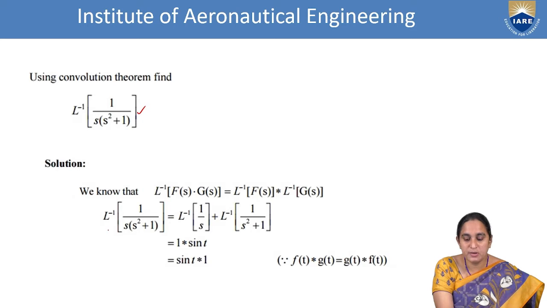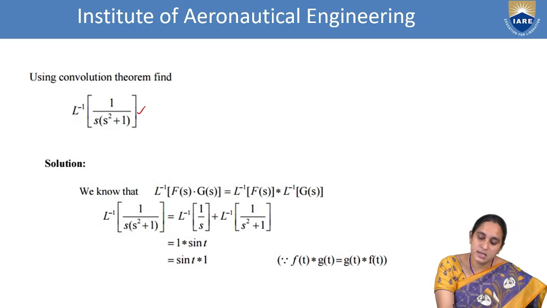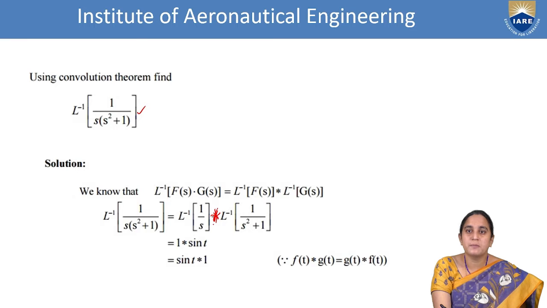Therefore, for the given question, Laplace inverse of 1 by s into s square plus 1 is equal to Laplace inverse of 1 by s, here this is star, Laplace inverse of 1 by s square plus 1. Therefore here Laplace inverse of 1 by s is equal to 1, star Laplace inverse of 1 by s square plus a square formula.